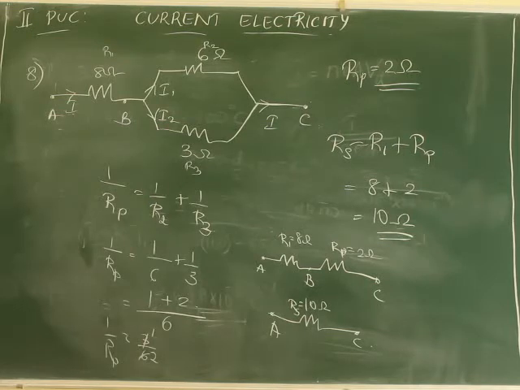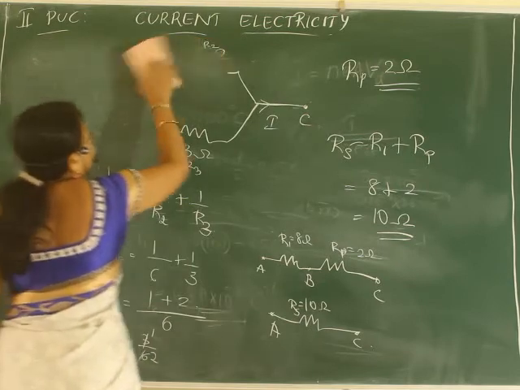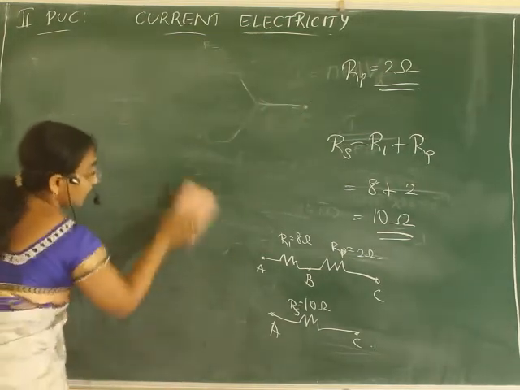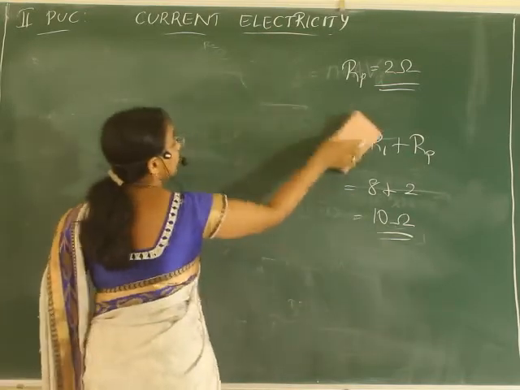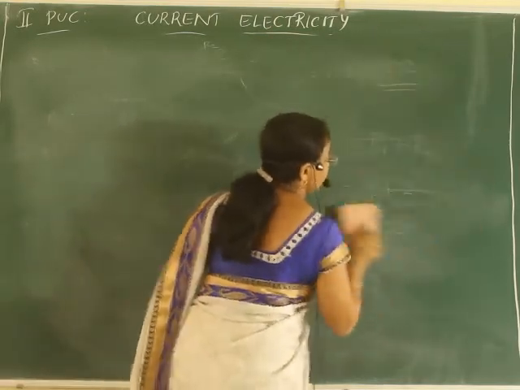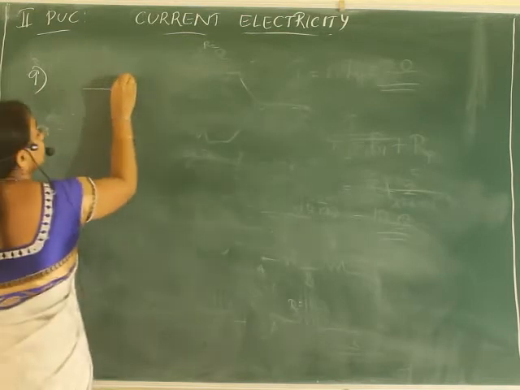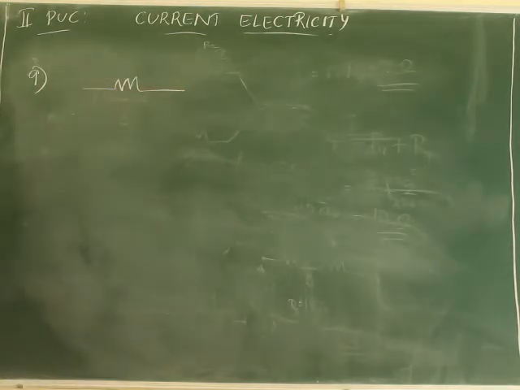Now what you have to do is, you have to find the resistance of the following circuit, correct? One more diagram, question number 9. I'll draw the diagram.